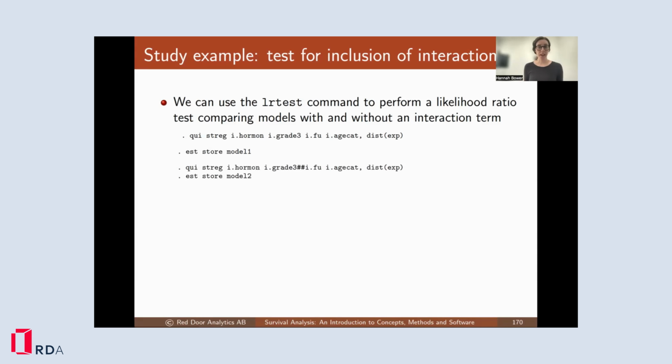And then we do exactly the same thing, but now we're going to include an interaction between the follow-up time, so our timescale, which is represented by the FU variable here, and the variable grade. As you can see here, it's denoted by this double hash. So the only difference between the first model we fit and this model is that we include an interaction term using this hash formulation in Stata.